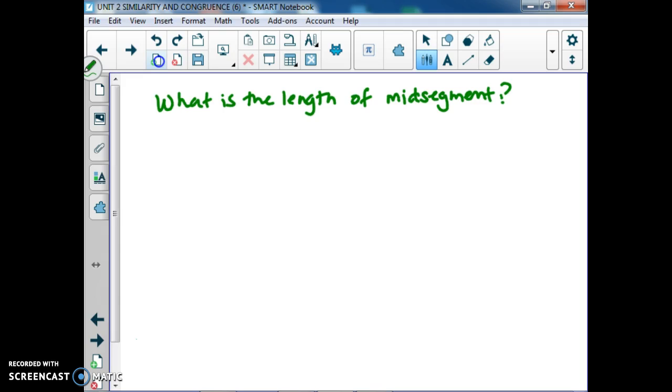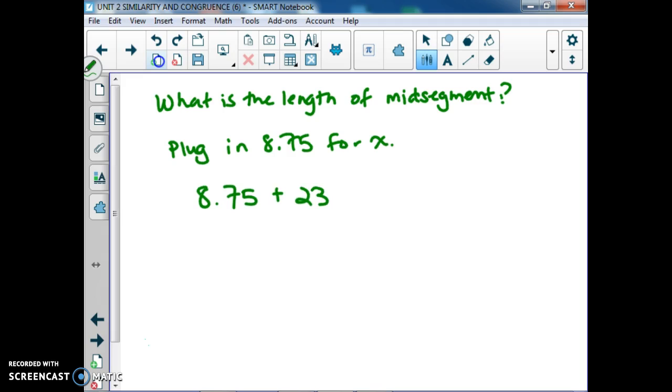Okay, this is how. You would take what you got for x, which is 8.75. You would plug in 8.75 for x. So you have 8.75 plus 23, which would give you 31.75.